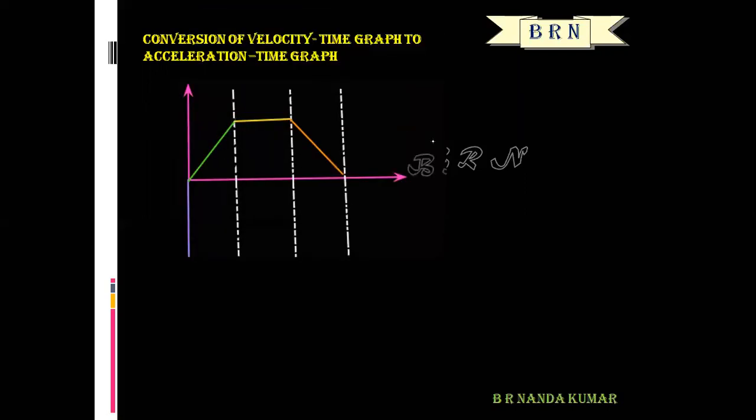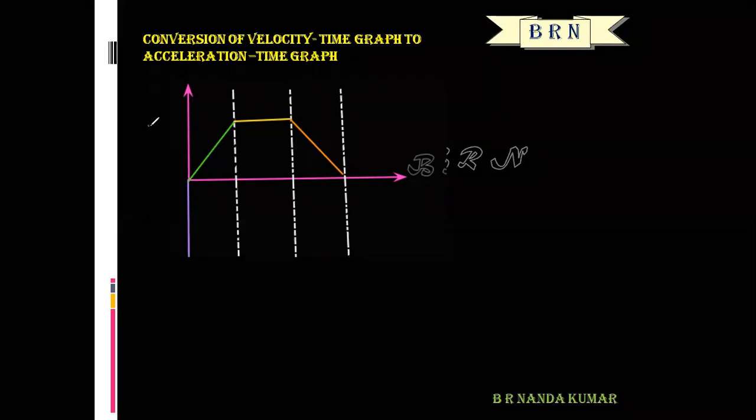Acceleration time graph means a graph drawn by taking acceleration along the y-axis and time along the x-axis. First here, let us consider the VT graph. Now look at this graph carefully. Velocity is taken along the y-axis, time is taken along the x-axis.